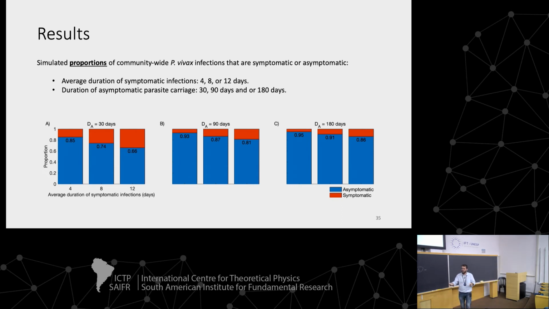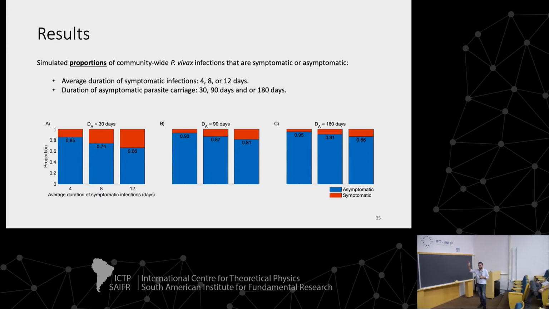Then what is the following question? What is the relative contribution of symptomatic and asymptomatic infections to the whole transmission level?